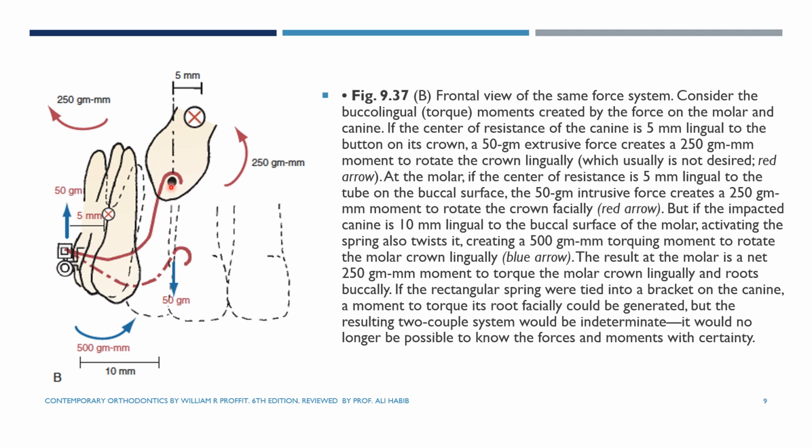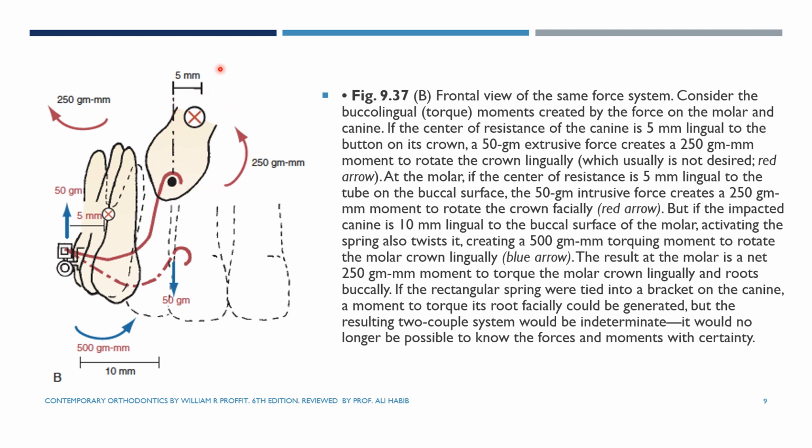Again, because we apply the force here when we try to extrude the tooth, we apply the force away from the center of resistance of the canine. How much? 5 millimeter away from the center of resistance of the canine. This will create another moment, the amount of 5 millimeter times 50, creating 250 gram millimeter.